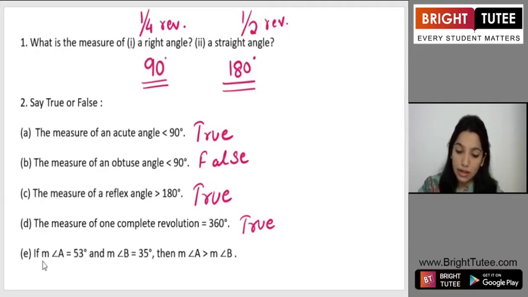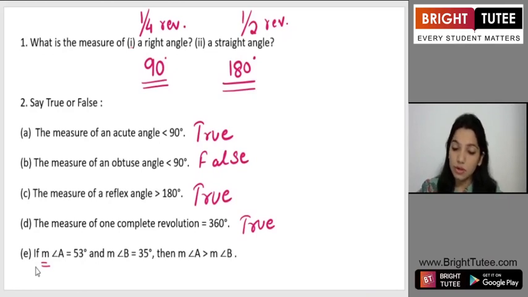If angle A, this small letter shows that we are talking about a minor angle. So every time you see this m, it stands for measure. Here, this particular m stands for measure. So the measure of angle A is equal to 53 degrees and the measure of angle B is equal to 35 degrees. Both are acute angles.